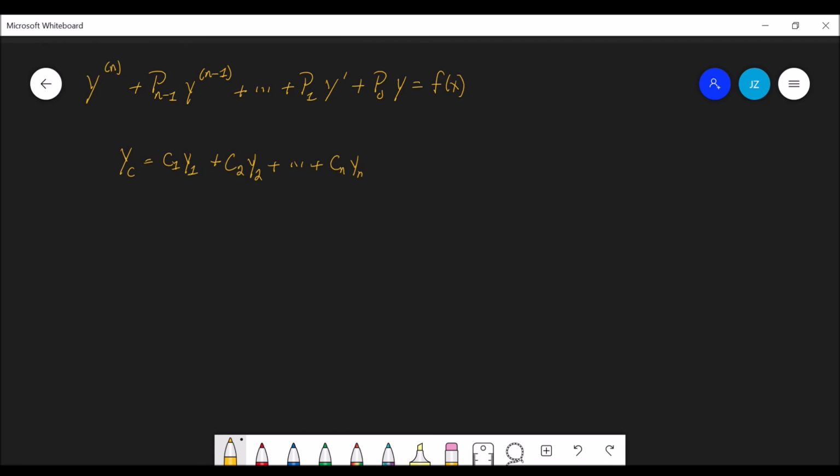We can then form a particular function in the form of y1 u1 plus y2 u2 plus so on and so forth plus yn un, where ui prime is given by w over wi.